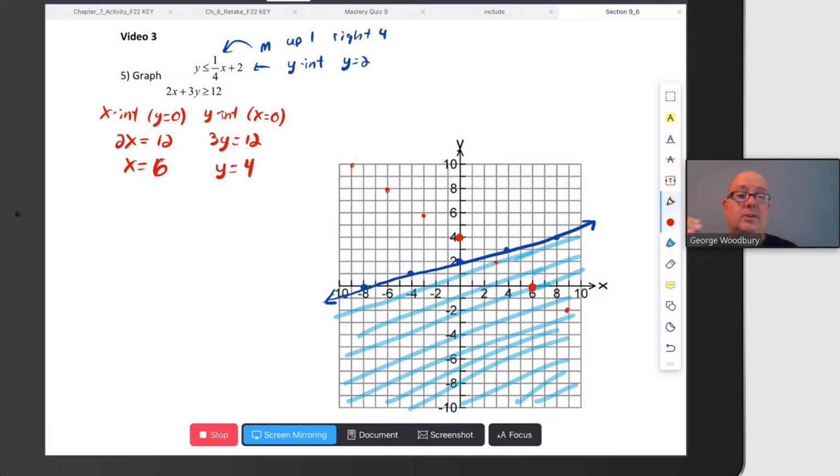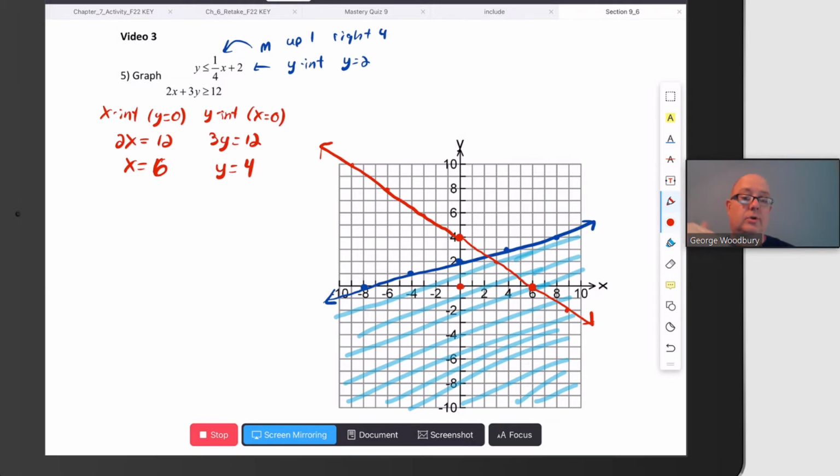Now, again, this one's going to be solid, like that. And here, y is not isolated, so I really need to use a test point. I know that I can use 0, 0 as my test point because it's not on the red line.